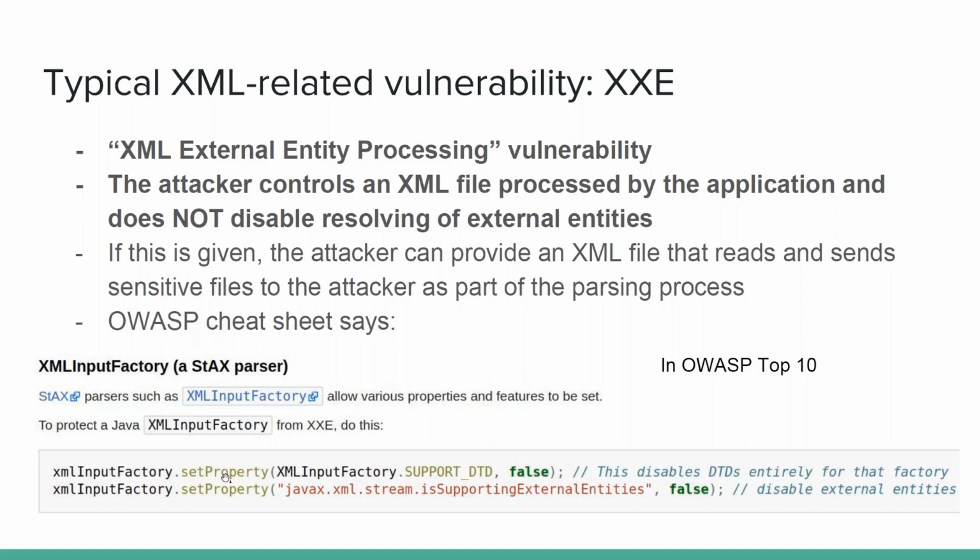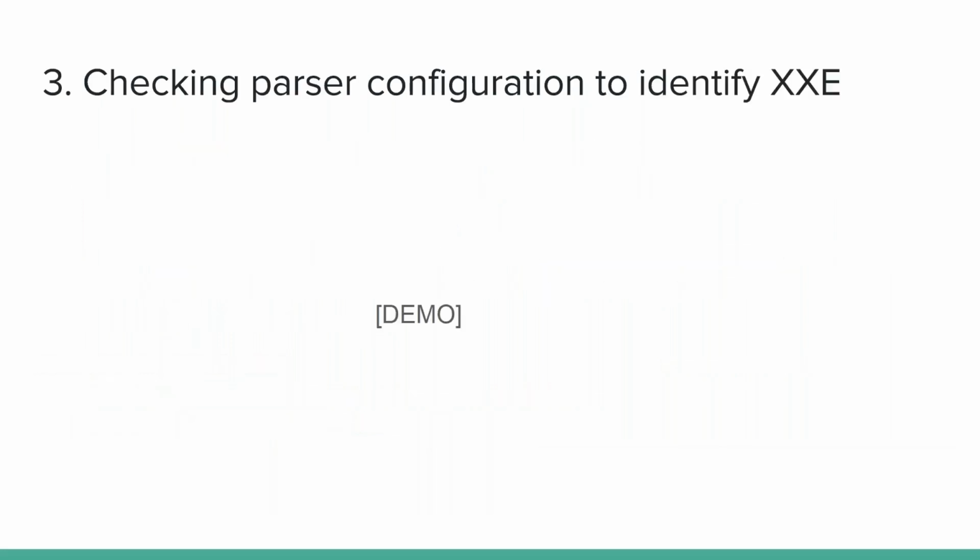For XMLInputFactory, which is used in OpenRefine, as we'll see in a moment, two calls need to be present: supportDTD must be set to false, and supporting external entities must be set to false. I don't know if both or either of them, but you need to configure it this way. Otherwise, you'll end up with an XXE vulnerability.